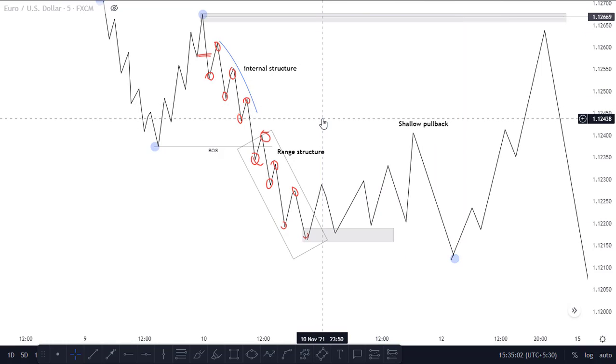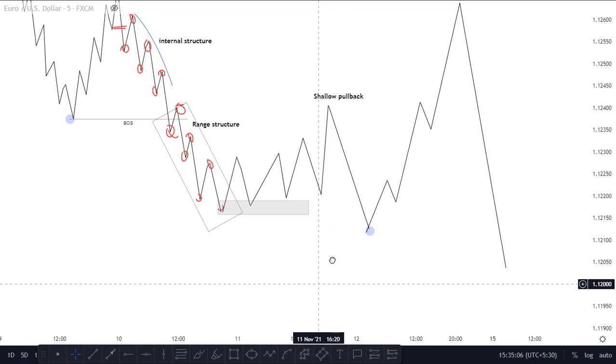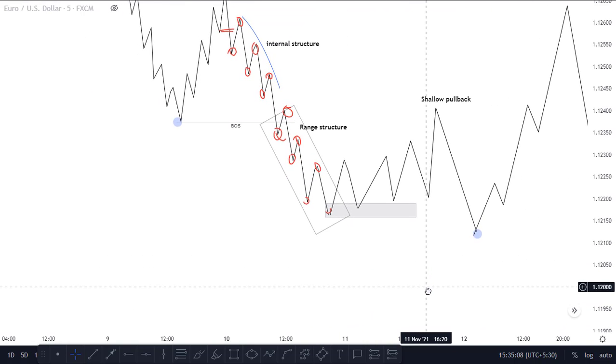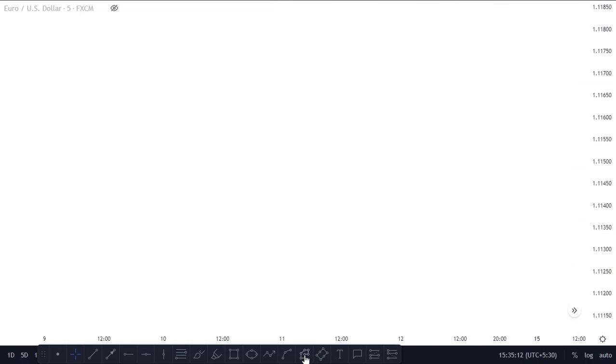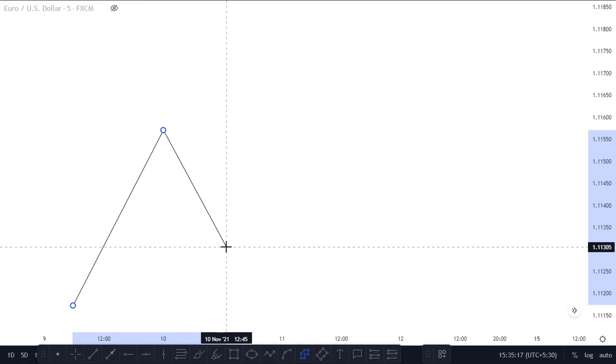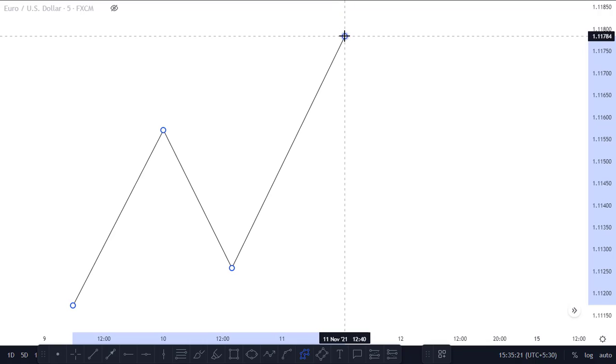Now, here we were talking about a bearish market. For a bullish market, you simply need to have your range.